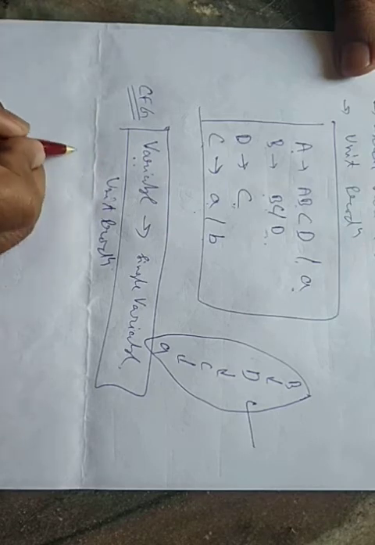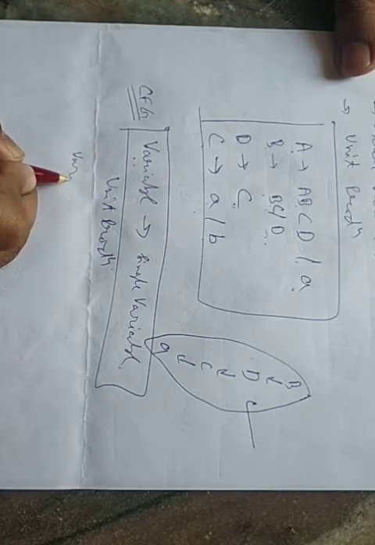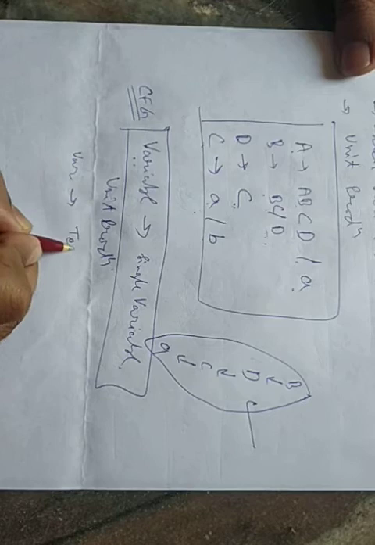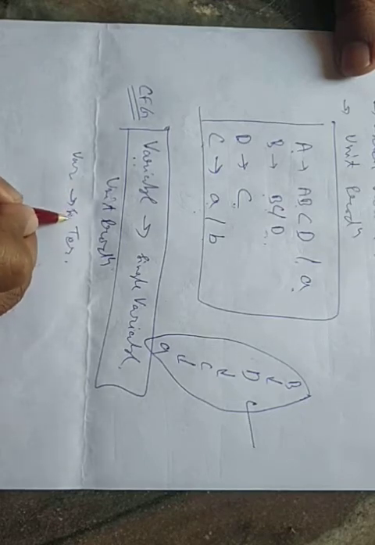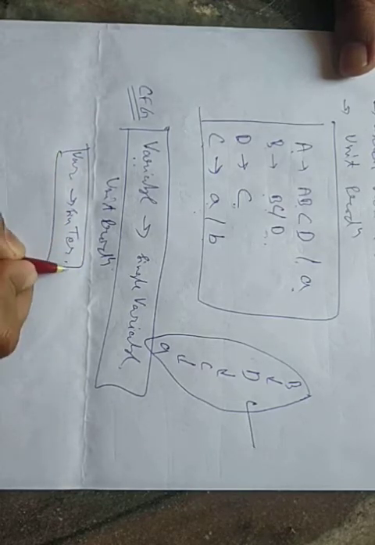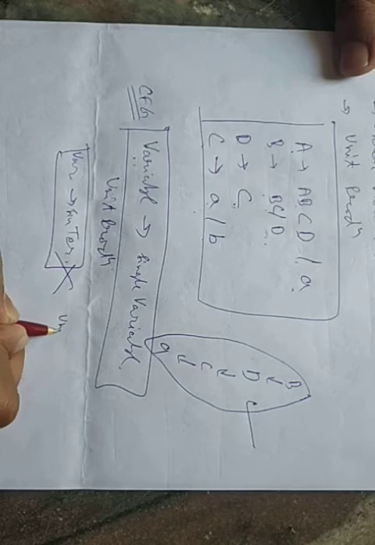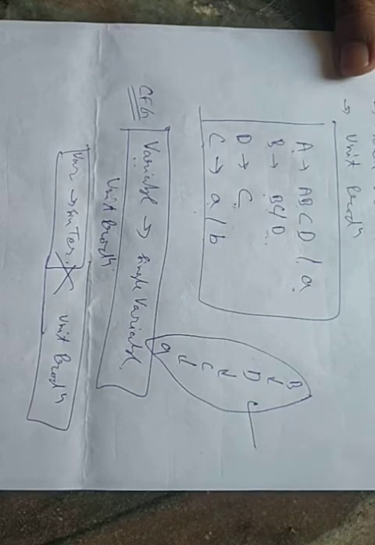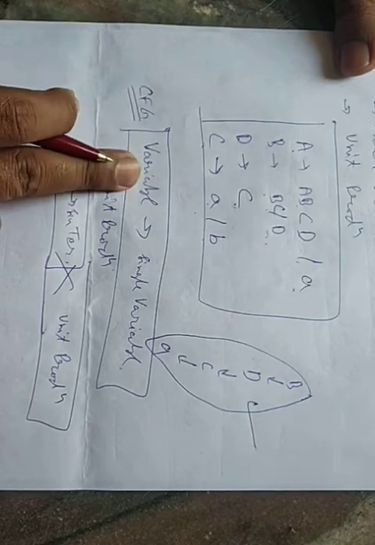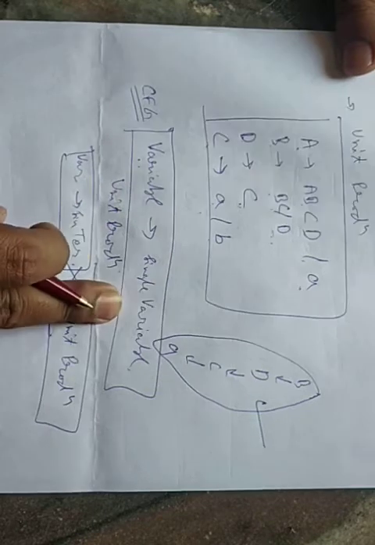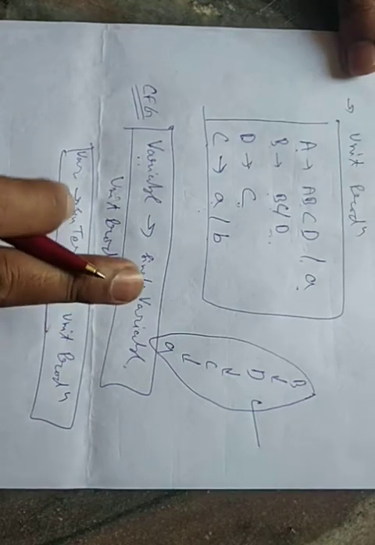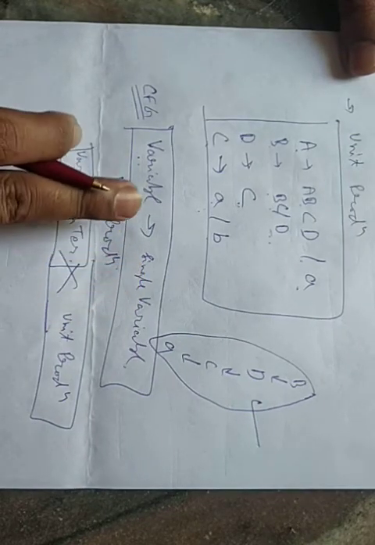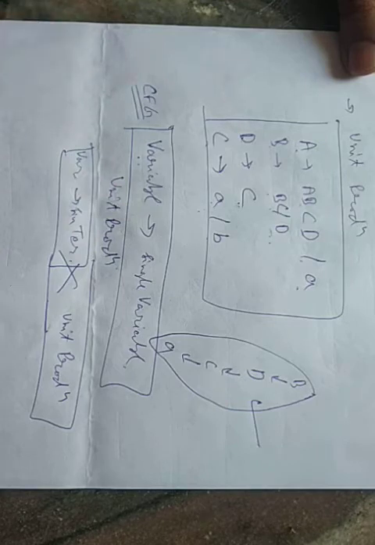Be careful: if a variable is producing a terminal or single terminal, it does not mean unit production. It's not a unit production. Only if a variable is producing a single variable do we say this is a unit production.